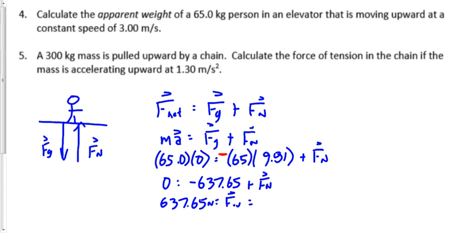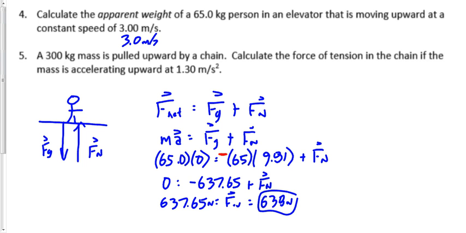What if this said 3.0 meters per second? It would still be 3 digits, right? How come? Because we didn't use that 3.0. We're going to say this is 638 newtons. So in this case, my actual weight is the same as my apparent weight.